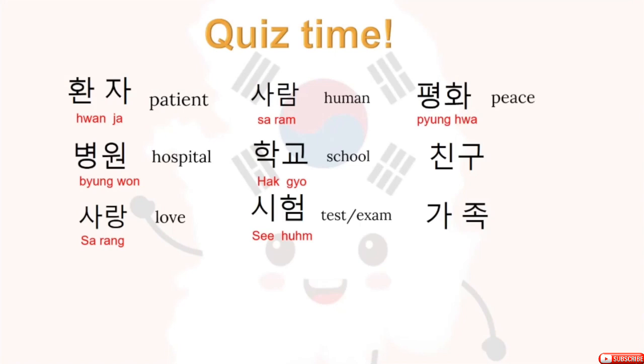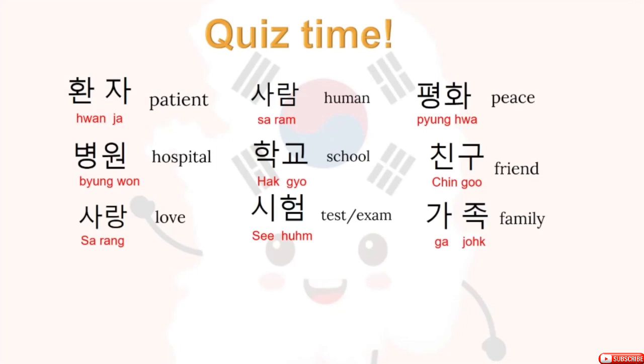Next one, 친구, 친구, and it means friend. And finally, 가족. 가족 means family.